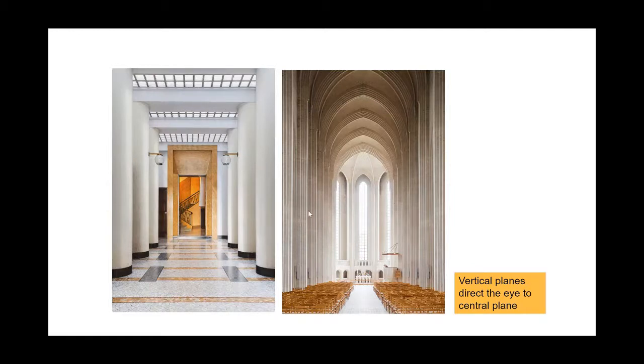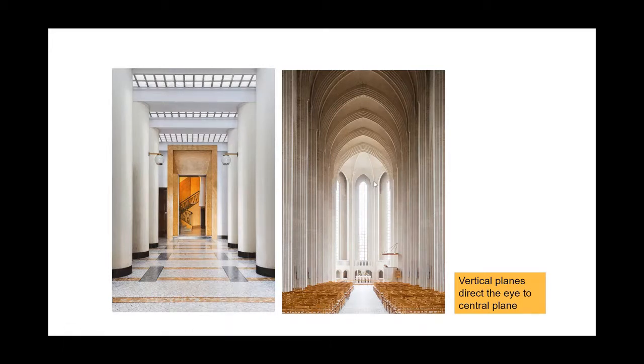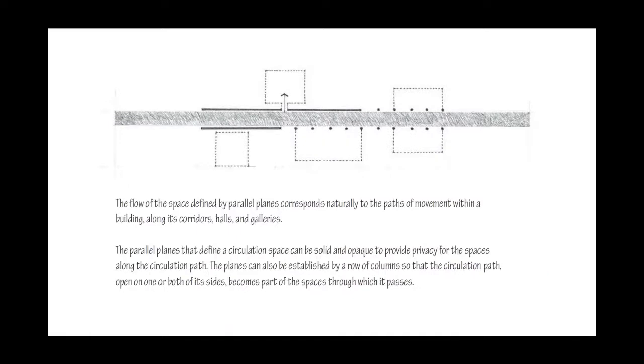You have numerous vertical elements heading up to this central plane, where you are greeted with very large window openings to create that heavenly, godlike experience. The flow of space defined by parallel planes corresponds naturally to the path of movement within a building, along its corridors, halls, and galleries.